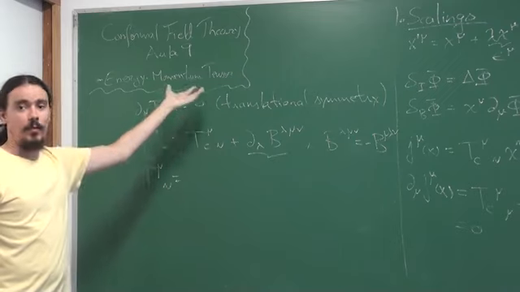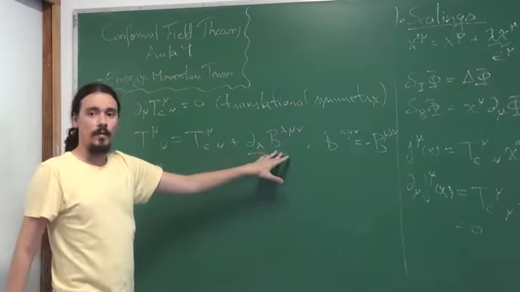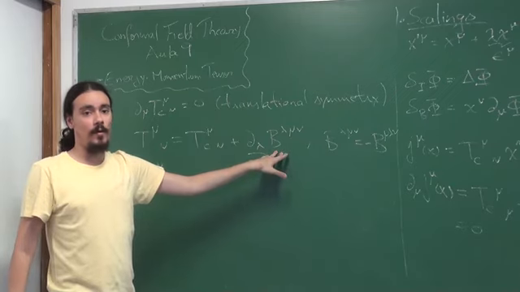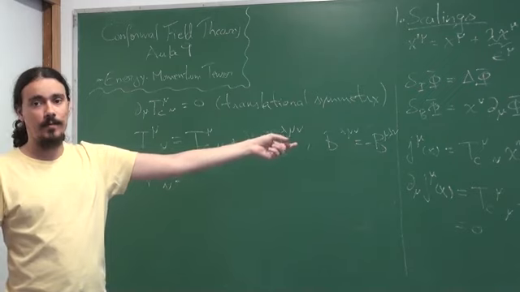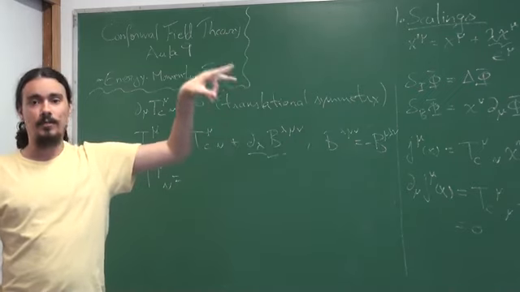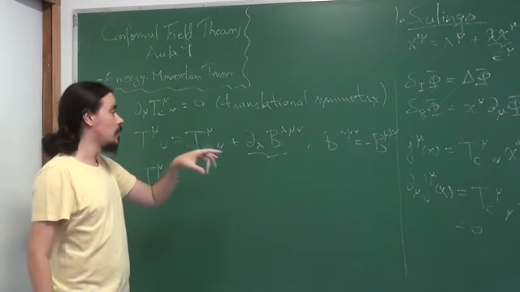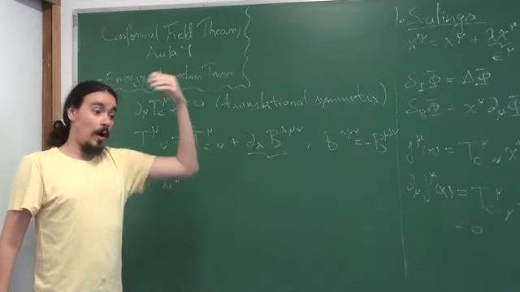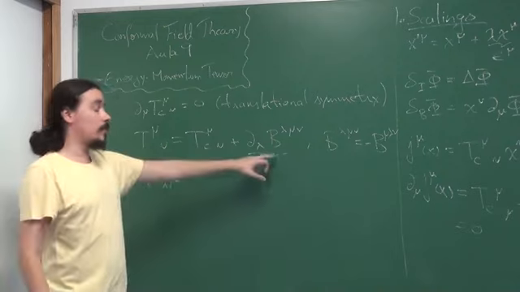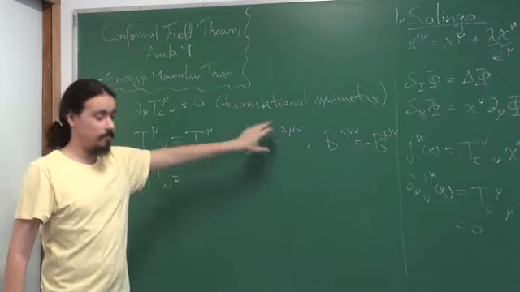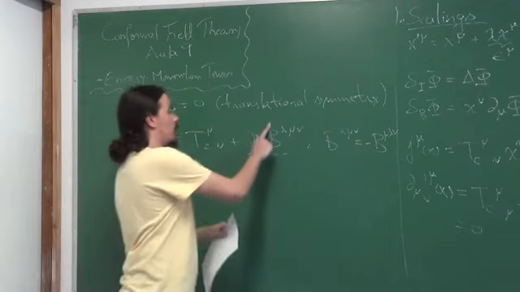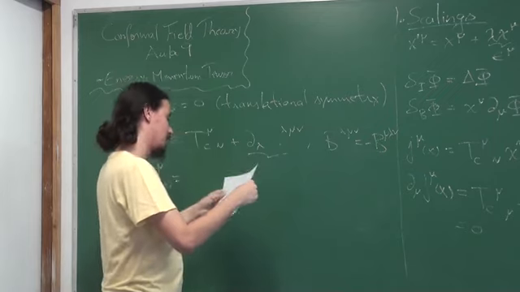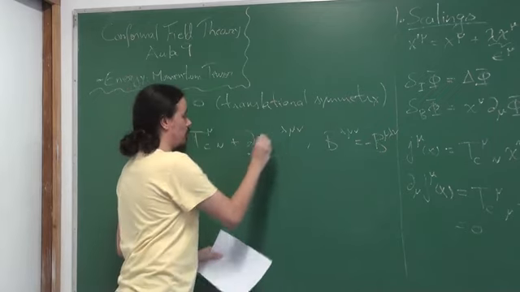And the way to do this is just to add a term like this. If you only want to make it symmetric, then it will be the Belinfante tensor, a combination of the spin generators. But if you also want to make it traceless, it's going to be something else. In general, it will have this form. Maybe I should use another letter, but here I call it F.